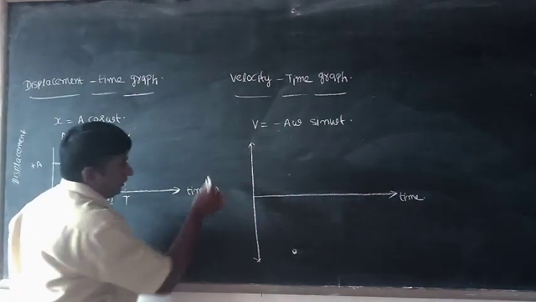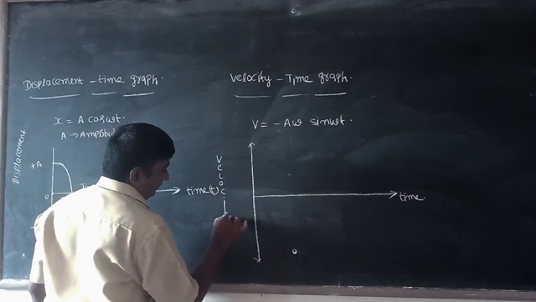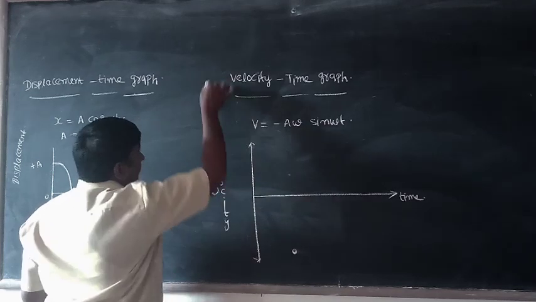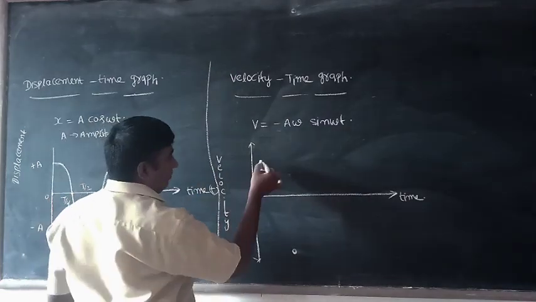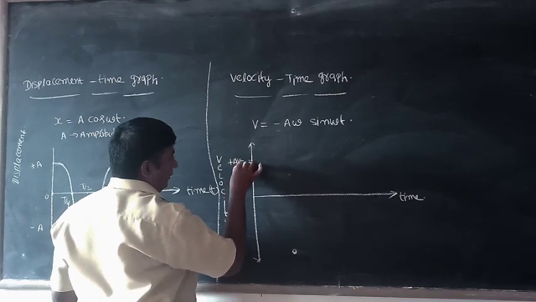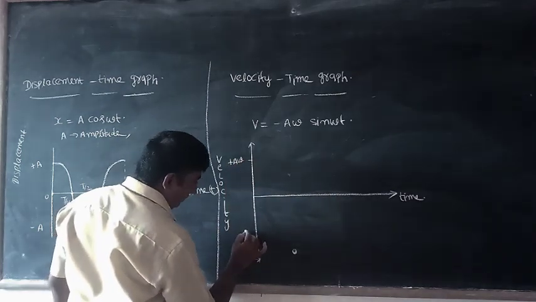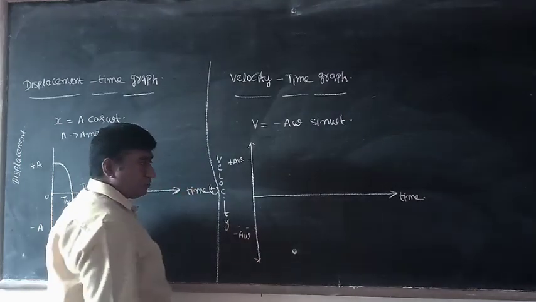Here I can take velocity, which will be plus a omega and minus a omega, or omega a also, which you can take.